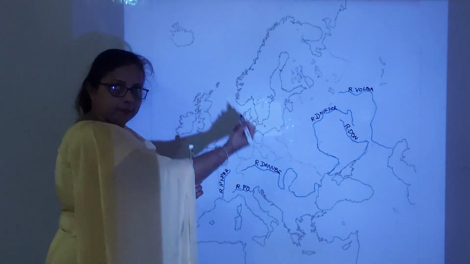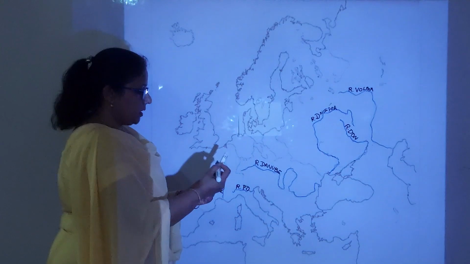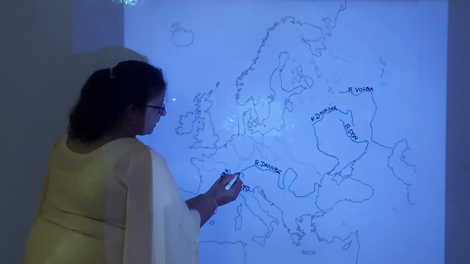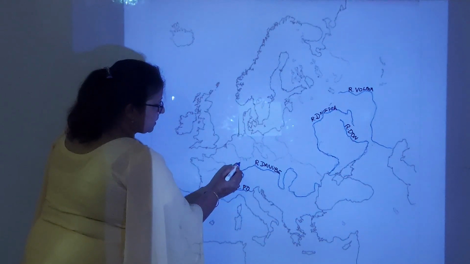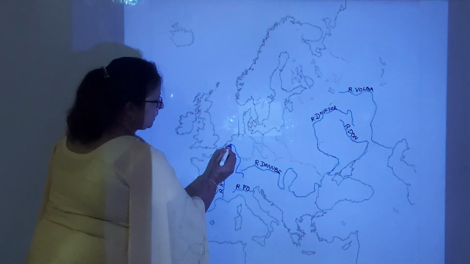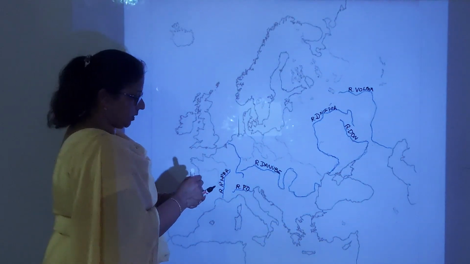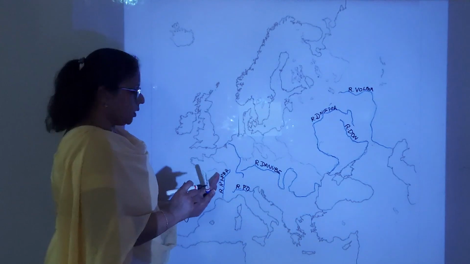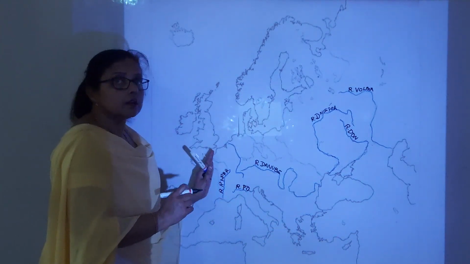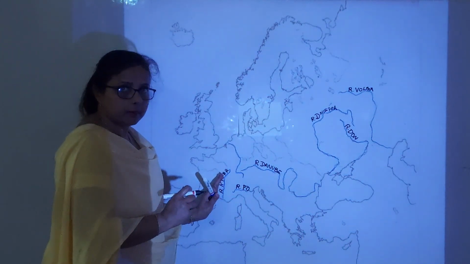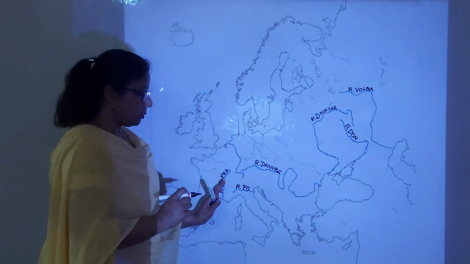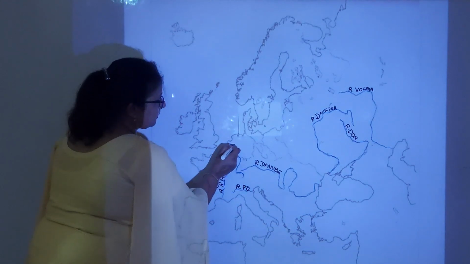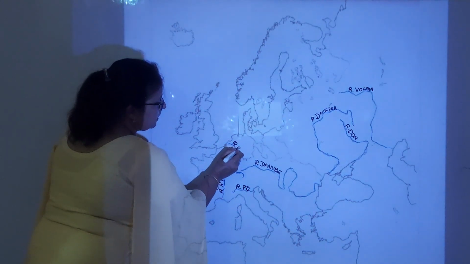Just opposite to the river Rhone, we have the river Rhine. Now this starts from the south and moves to the north and falls into the North Sea. Now how will you remember? Rhine, Rhone. Rhone, row, sow, south. Remember. So Rhone moves towards the south, Rhine moves towards the north. So river Rhine.